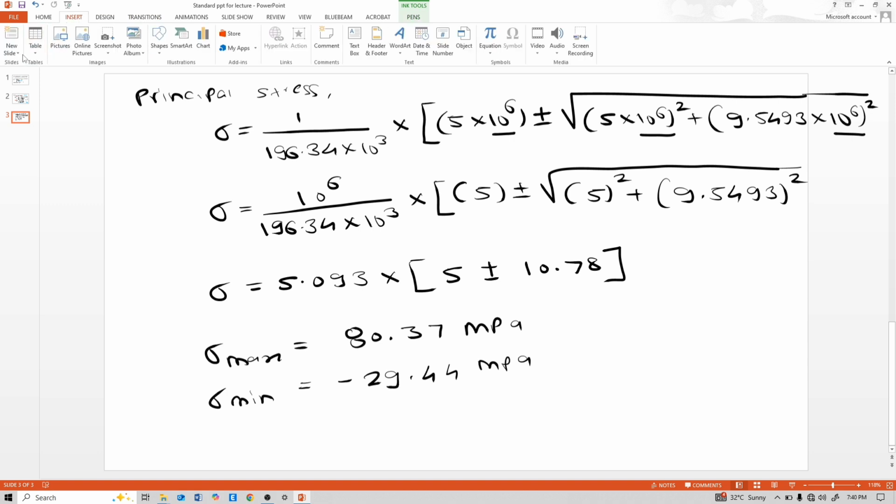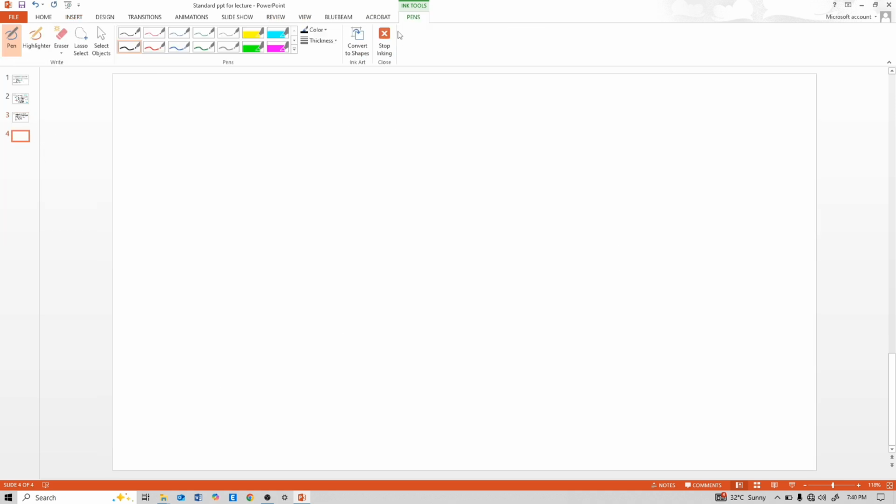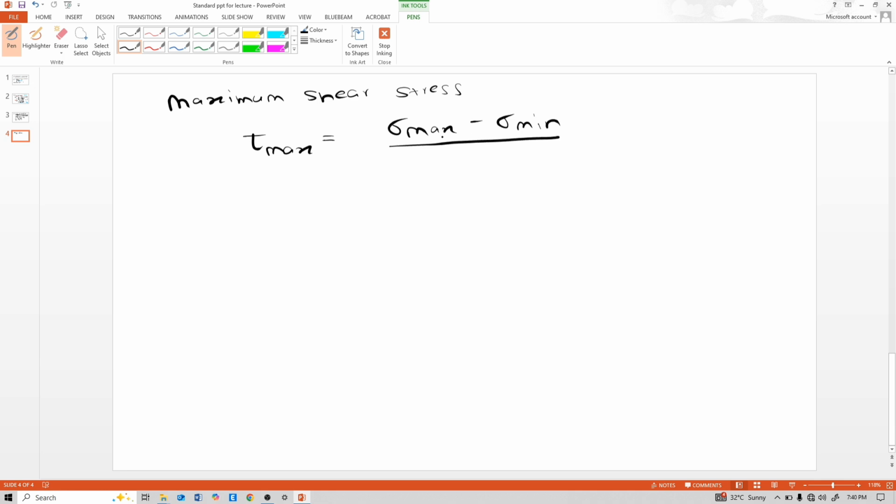Now next is maximum shear stress. So maximum shear stress is maximum principal stress minus minimum principal stress divided by 2.